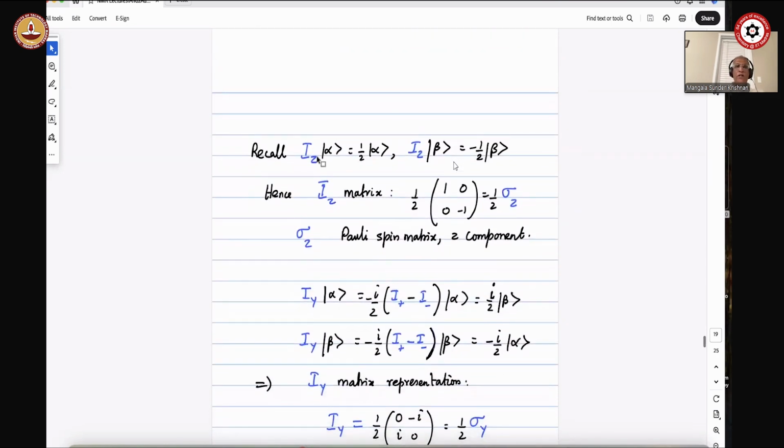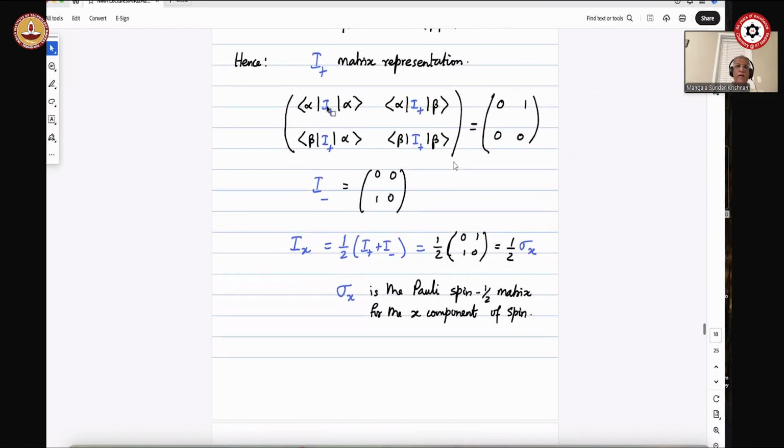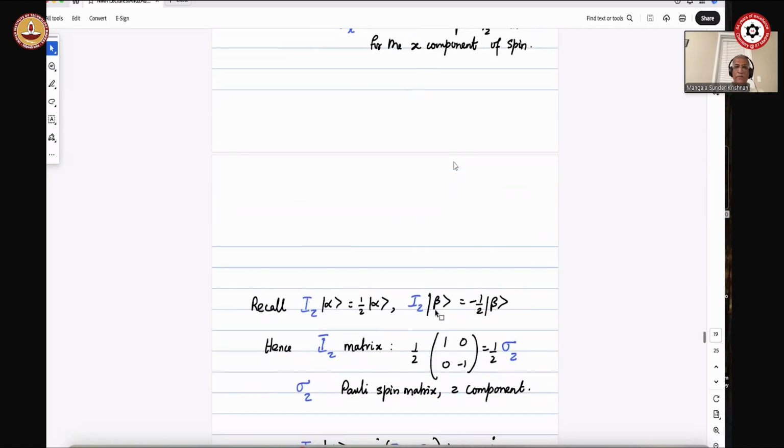Now, if you look at the Iz operator, you can see that Iz on alpha gives you half alpha. Therefore, if you have Iz here and alpha here, it gives you half alpha. So alpha is 1, so it gives you 1 by 2 here. Whereas Iz on beta gives you minus 1 by 2 beta, you remember.